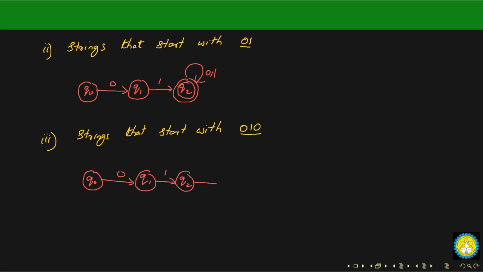From there, if you see a 0, you are at Q3. From there you can see any symbol, because you just want to start with 0, 1, 0. So this is the NFA which will accept strings that start with 0, 1, 0.